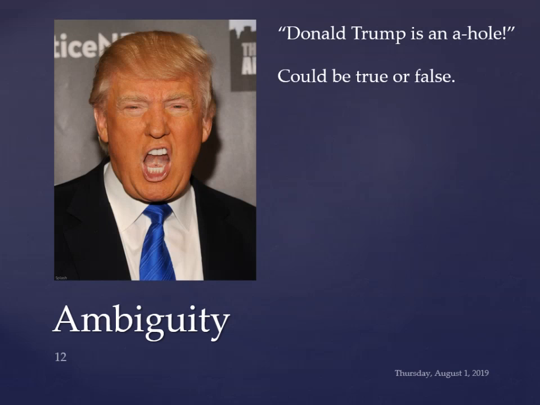It could be true or false. Maybe there are some necessary and sufficient conditions of a-holehood that he satisfies. But more often than not, what people are saying is just Donald Trump, boo. They're giving him a thumbs down, and the word a-hole does that work for us.